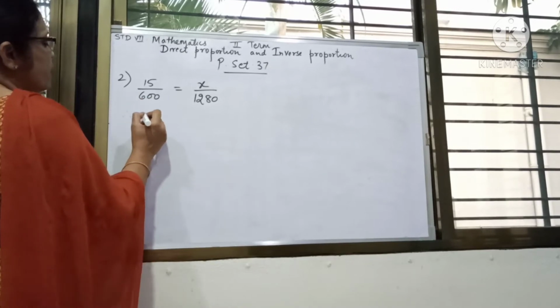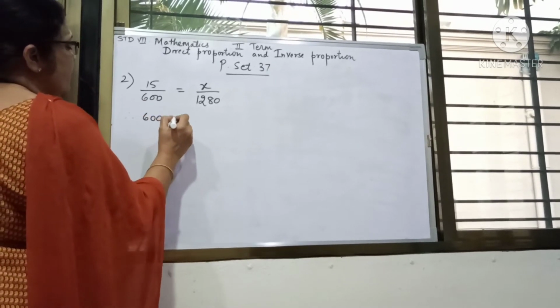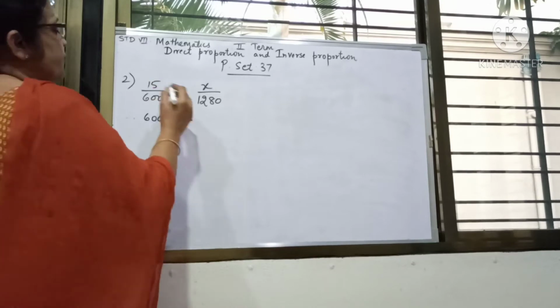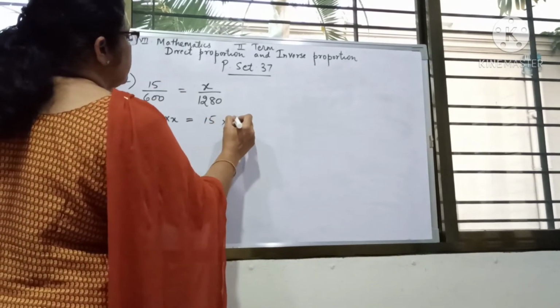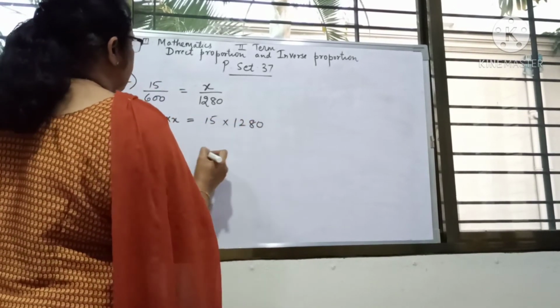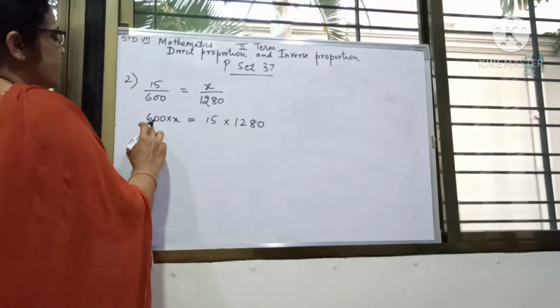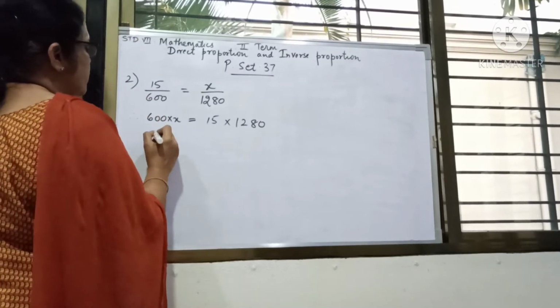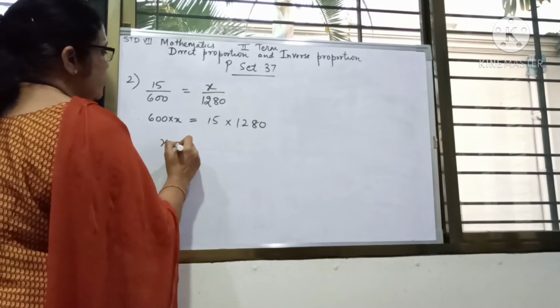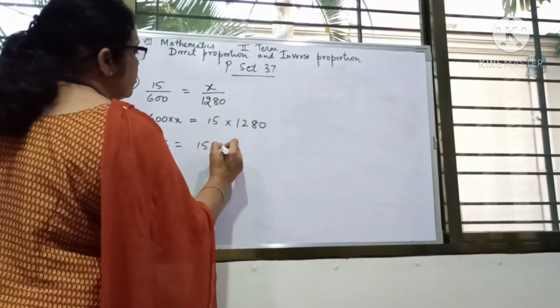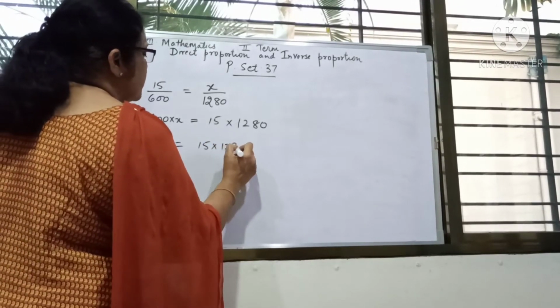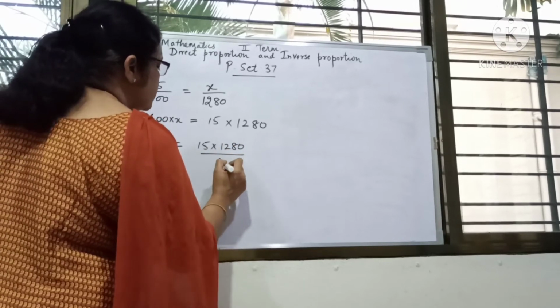So therefore we have 600 into x is equal to 15 into 1280. Now you have to divide both the sides by 600. So you have x is equal to 15 into 1280 upon 600.